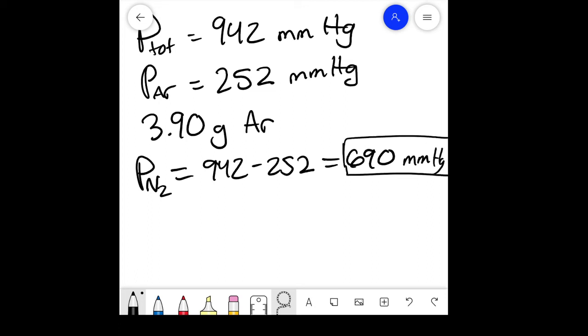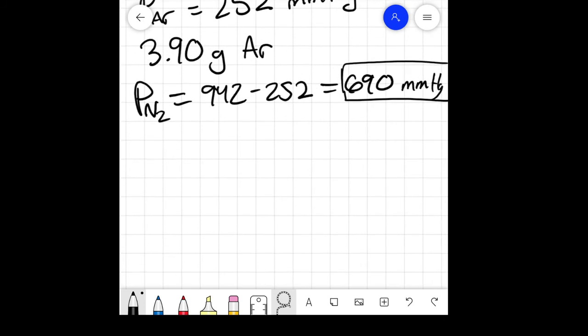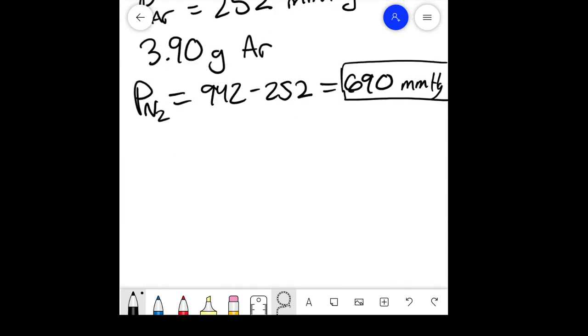millimeters of mercury. Okay, so to figure out how many grams of nitrogen, the first thing we're going to need to do is get some mole ratios. First, we need moles. So we need to convert these grams of argon into moles.